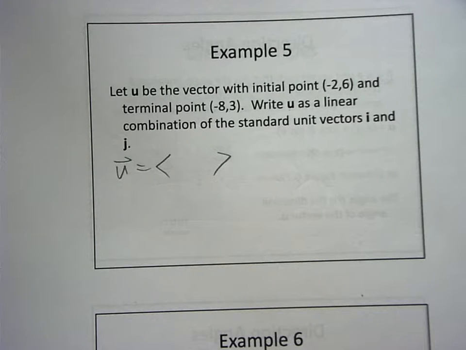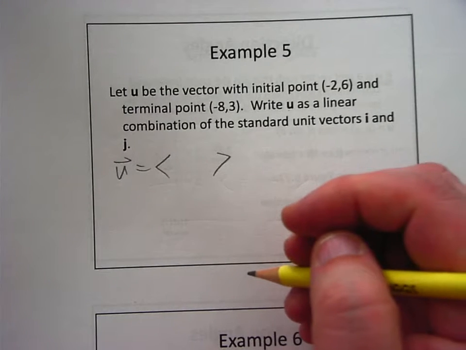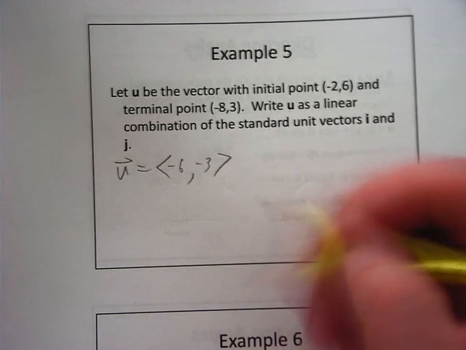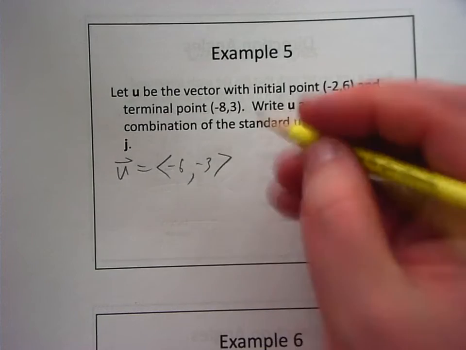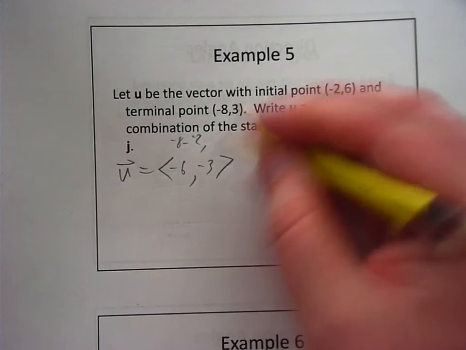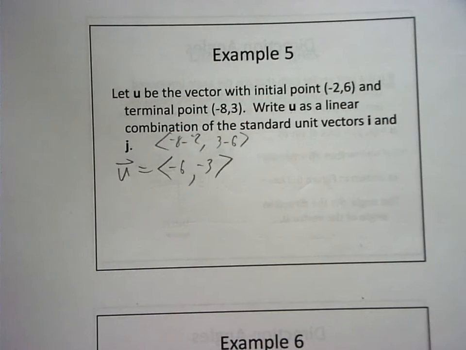You subtract the terminal minus the initial. Okay, <-6, -3>. So you literally just took -8 minus the -2 and 3 minus the 6. Terminal values minus the initial values.